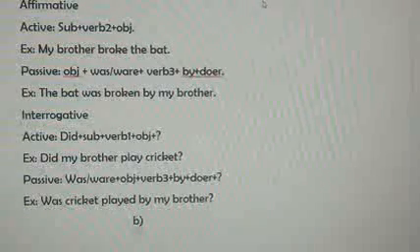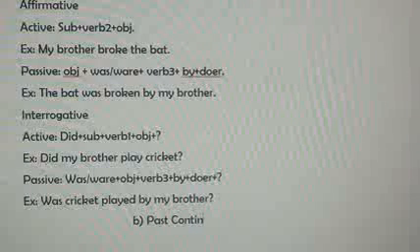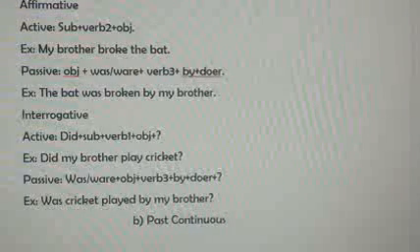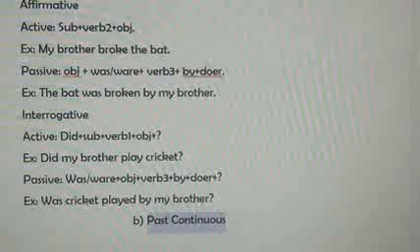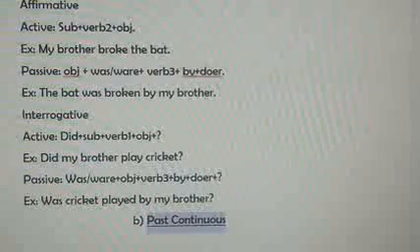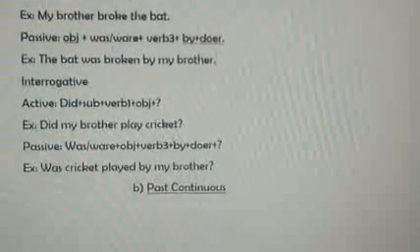The next one is past continuous. Okay. In this, my dear children, we will do the same thing. First of all, we will start our description from the affirmative group, and after that, we will move to interrogative as well. Now, for the past continuous group, I will start from the same affirmative group.